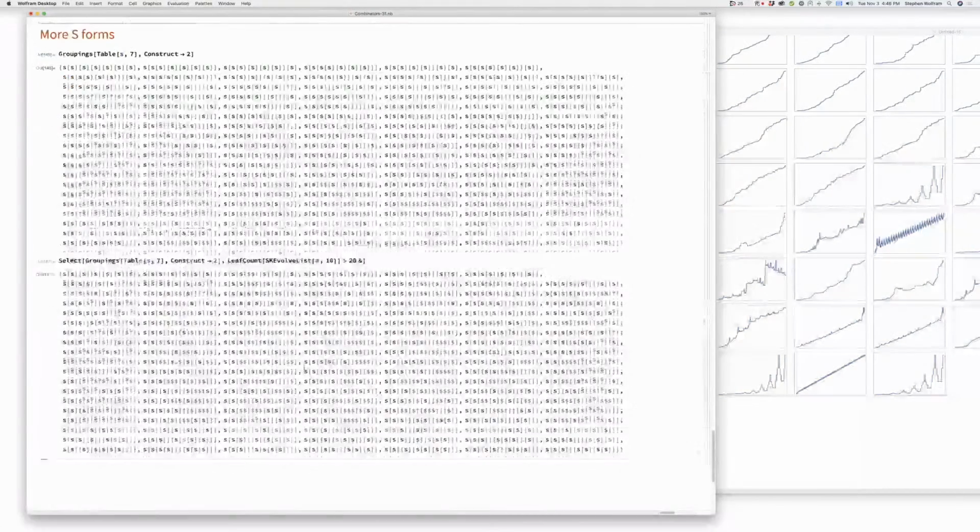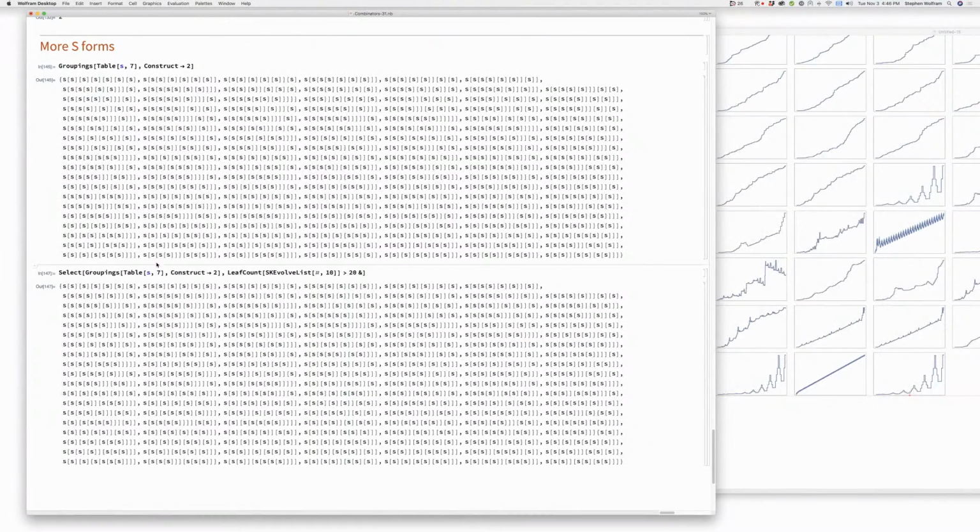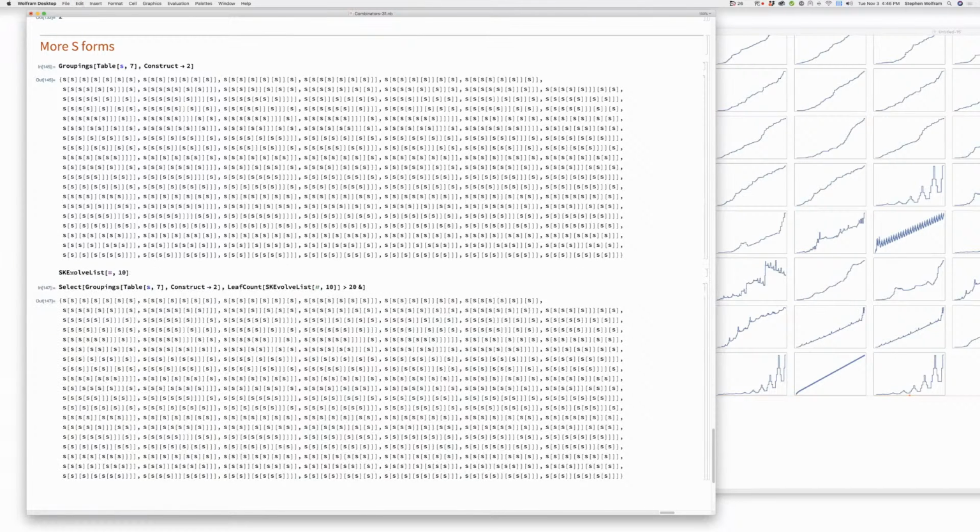Oh, boy. Okay. So what I want to do, obviously, is to say, after 10 steps, to filter these, here's my idea. Let's say leaf count of that.